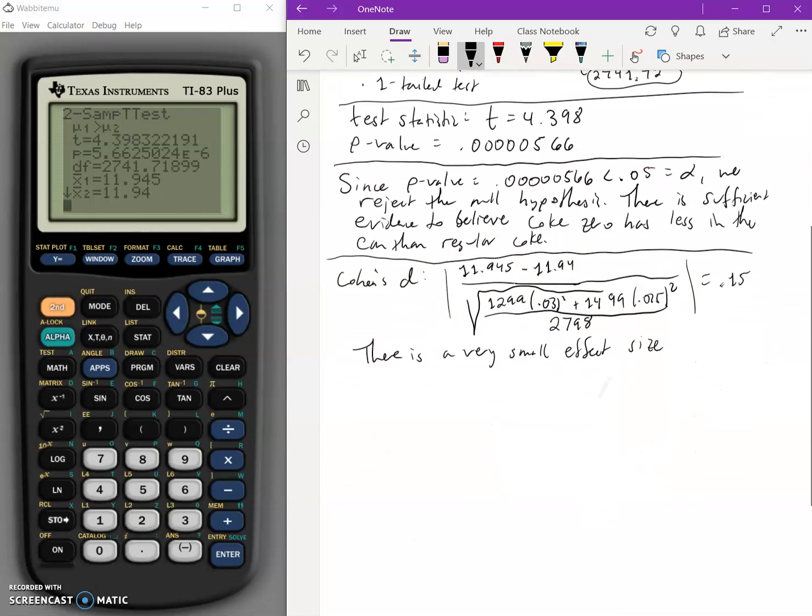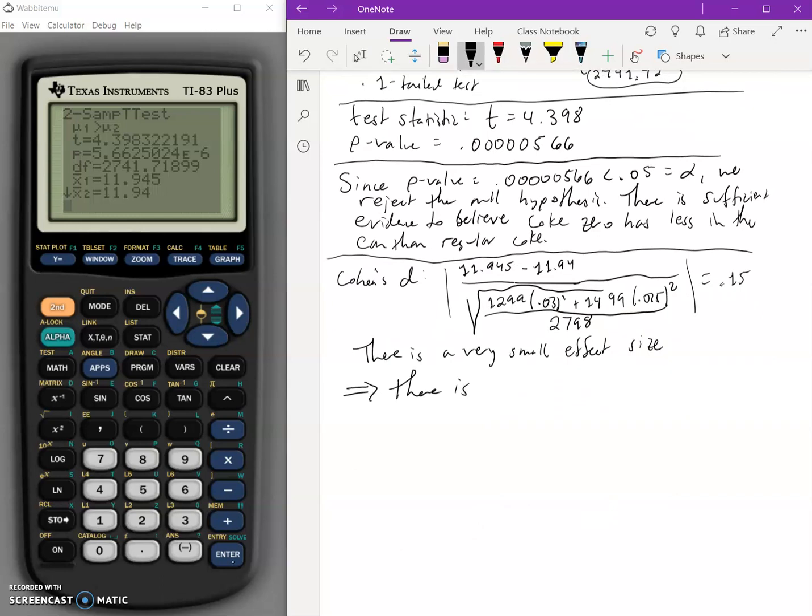So what this is saying now is that if there's a very small effect size, there is a very small practical difference. So notice over here, we said that there is a statistical difference. Our p-value was extremely small. So statistically speaking, the two numbers that we had were very different.